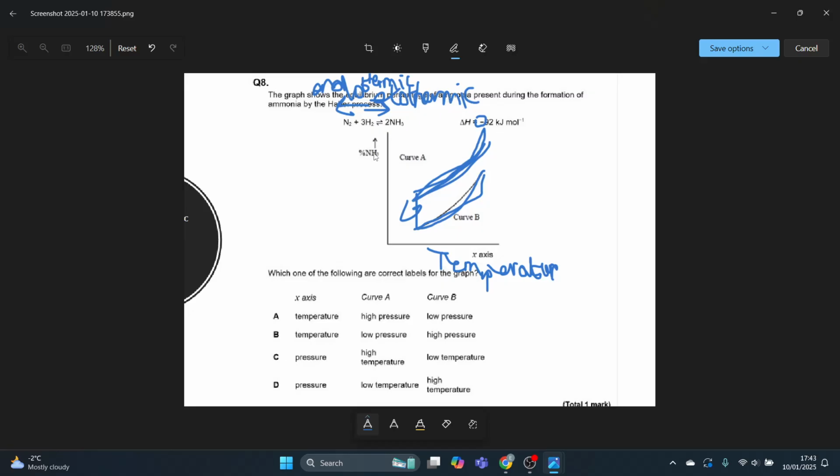Percentage of ammonia present. Well, if it's a high pressure, it's going to shift to the side with fewer moles of gas, which is the right hand side, and therefore ammonia would increase. Low pressure is going to shift to the side with more moles of gas, the left hand side, therefore the ammonia would decrease. So that makes sense.